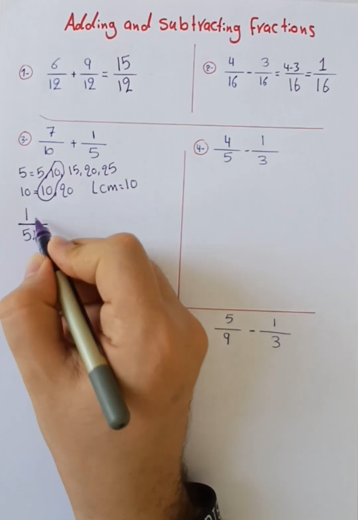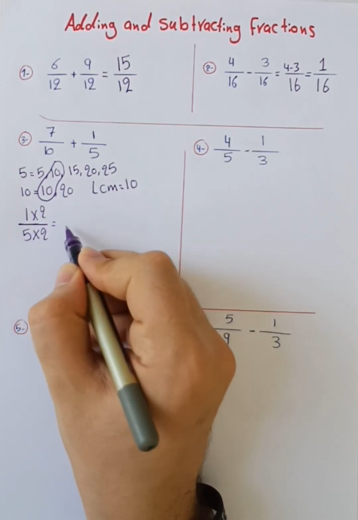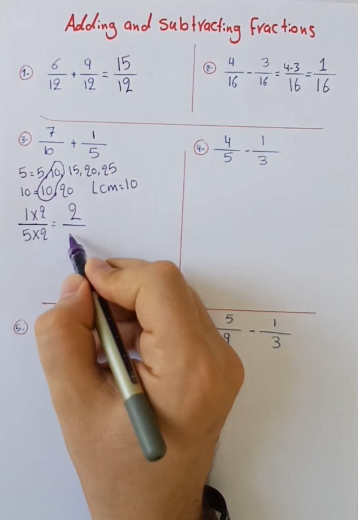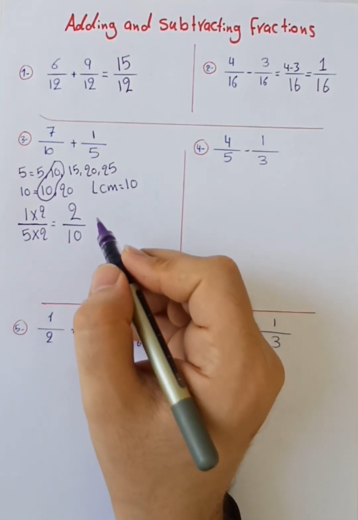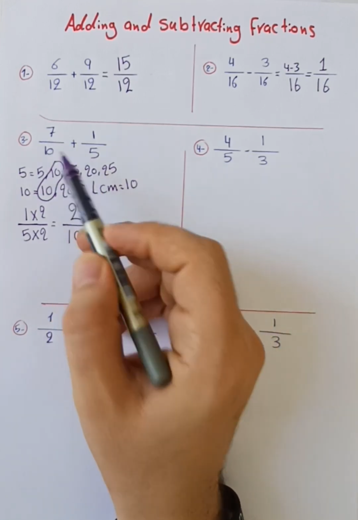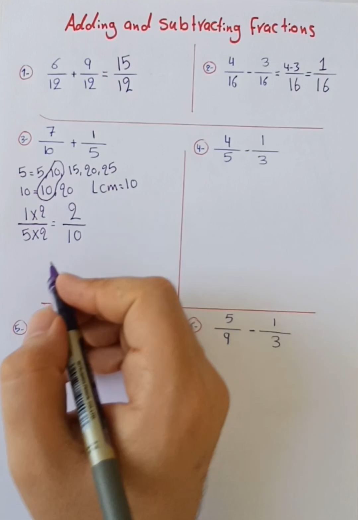Multiplied by 2. You have to multiply both numerator and denominator by 2. 2 times 1 is 2, 5 times 2 is 10. And then we have like fractions right now, 7 out of 10 plus 2 out of 10.